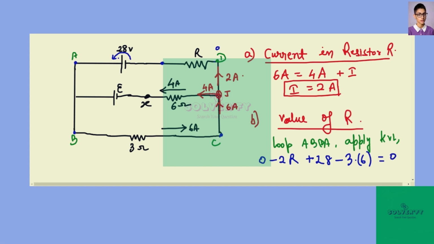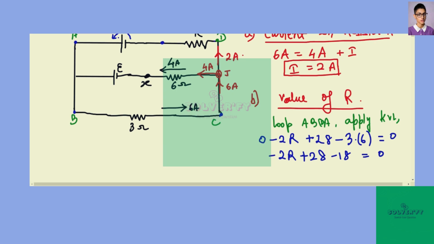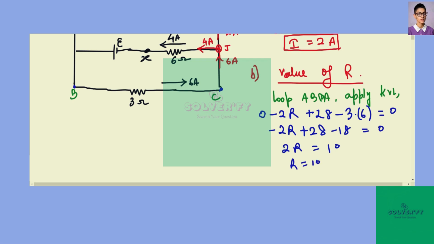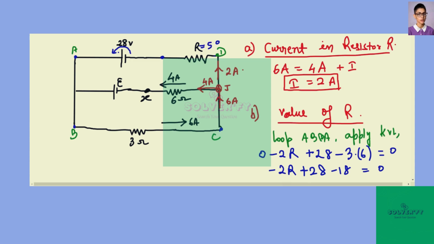And from here we can just solve this equation. So we get minus 2R plus 28 minus 18, and that is 0. So from here we get the value of R as 28 minus 18, that will be 10. So R will be 10 by 2. So we have figured out the value of the unknown resistance R, which is 5 ohm. So let us mention here R as 5 ohm.